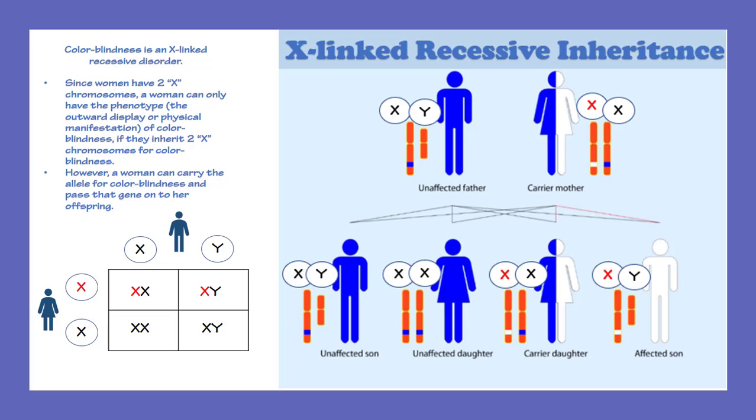Let's say that a normal non-colorblind man has offspring with a woman that is a carrier of an X chromosome that has a gene for color blindness.